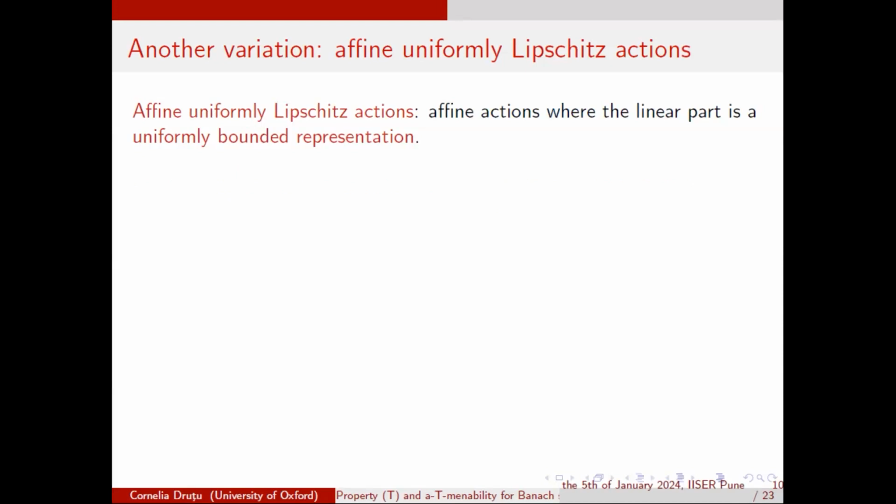And okay, so first of all, the generalization is obvious. We're going to consider, instead of affine isometric actions, affine uniformly bi-Lipschitz actions. And it's the same thing. We're just going to either ask that every such action has a bounded orbit, that's the equivalent of property T, or we're going to ask that there exists such an action that is proper.